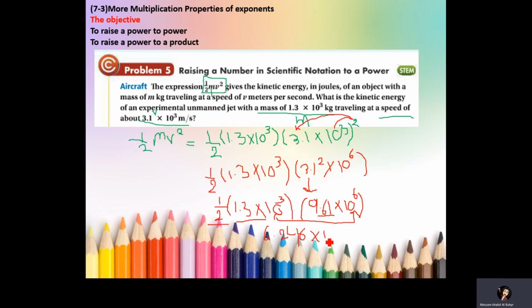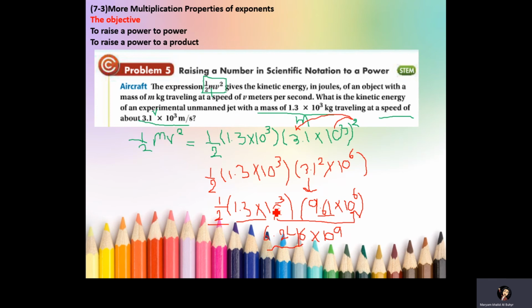So that is 10 to the power 9. That's it. This is the idea. This is already in scientific notation because this number is greater than 1 and less than 10.